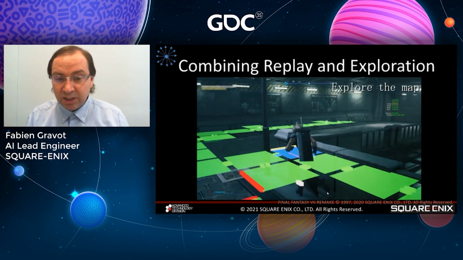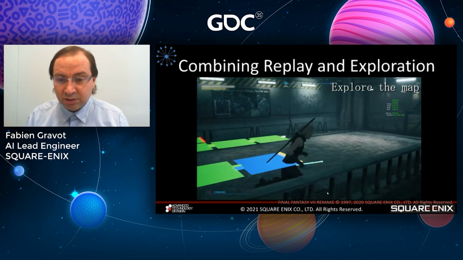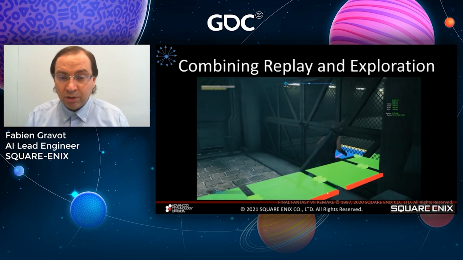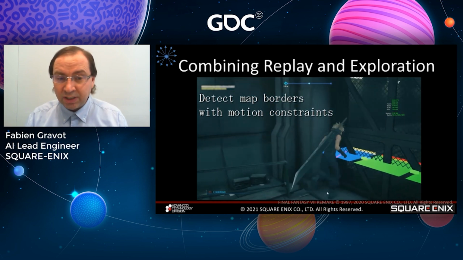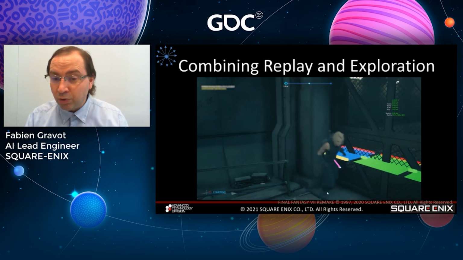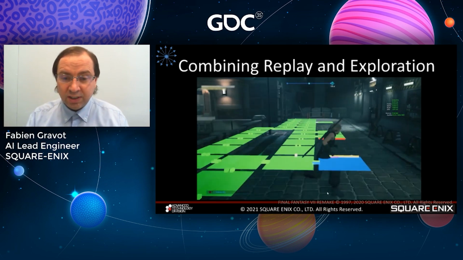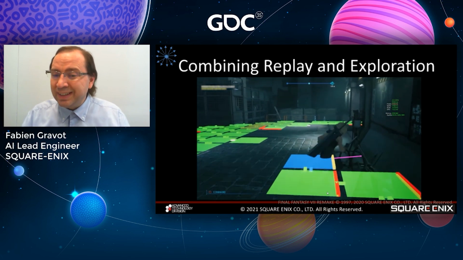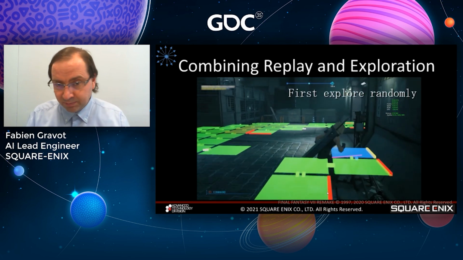So what we have done is mix both. Here we have, in Final Fantasy, some replay and exploration meshed together. So currently we are exploring the map. As you can see, we try to go everywhere and we try to detect where the walls are.